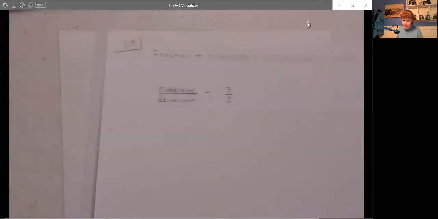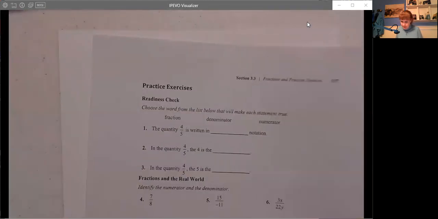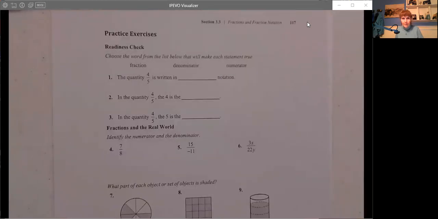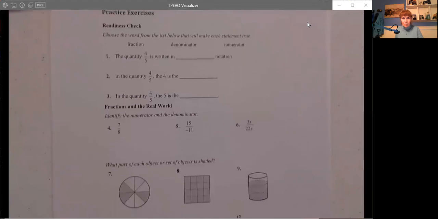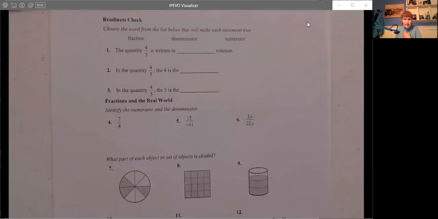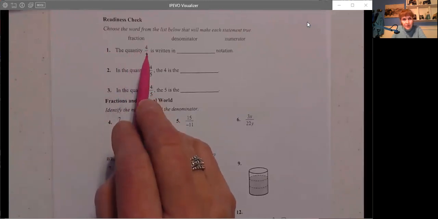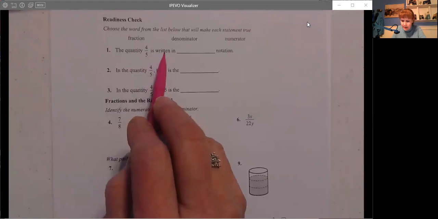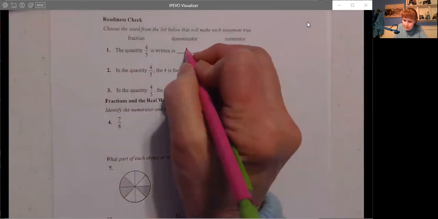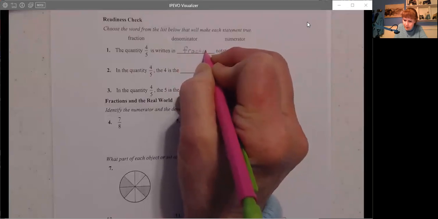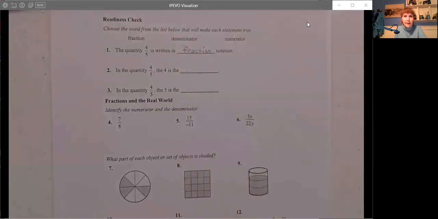All right, so looking at this right here, we can go through some of these readiness ideas. Sometimes I don't like them, but these ones aren't too bad. The quantity 4/5, that's how that's read, is written in fraction notation. Just to go over the terminology again.